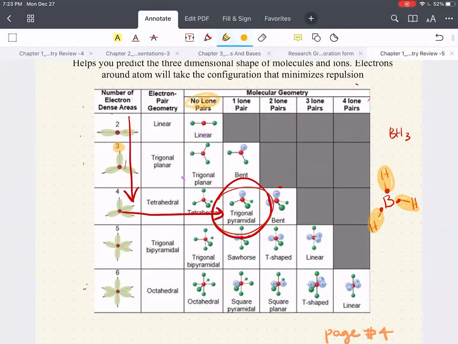So we're going to go ahead and draw to where that takes us, and we end up right here. So the molecular geometry of BH3 is trigonal planar. And so we're going to be using this table a lot to predict the molecular geometry of molecules.